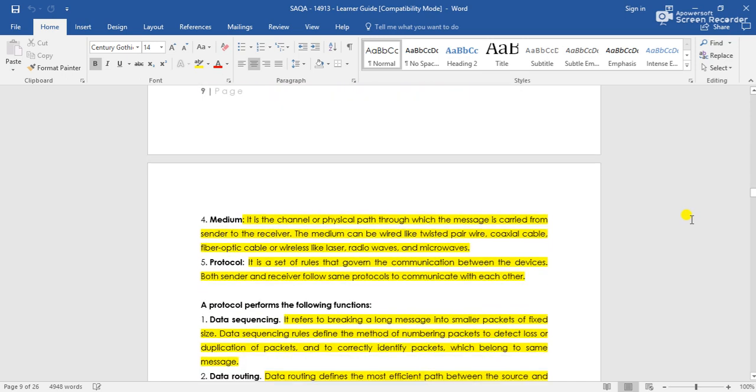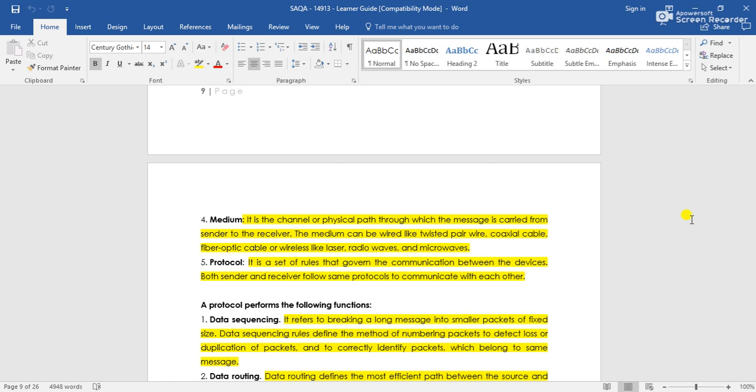The medium is the channel or physical path through which the message is carried from sender to receiver. The medium can be wired, like twisted pair wire, coaxial cable, fiber optic cable, or wireless, like laser, radio waves, and microwaves.